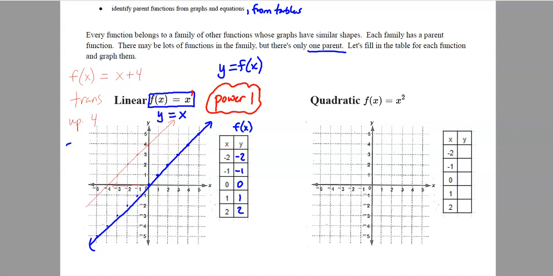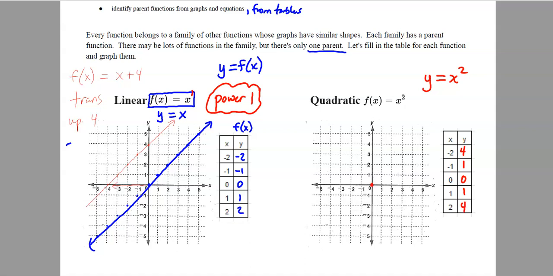So the next one, the quadratic, f of x equals x squared, or y equals x squared. If I plug these numbers into the equation, or use my graphing calculator, a negative 2 times itself, a negative 1 times itself, 0 times itself, 1 times itself, and 2 times itself, that's what I get.